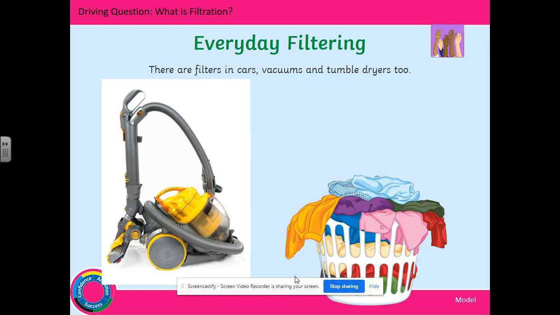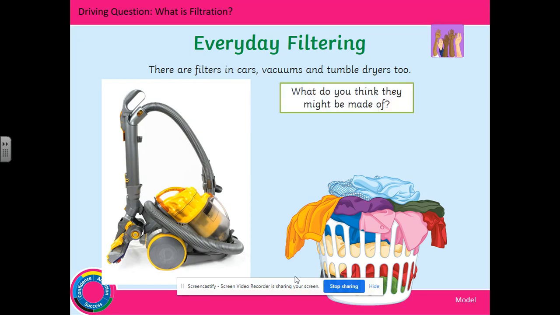Now, everyday filtering. We do use filtering in one aspect of our lives or another. Filtering can be done while driving a car, by cleaning your carpets, or by even washing a load of dirty clothes. Now, there are filters in cars, vacuums, and tumble dryers too.